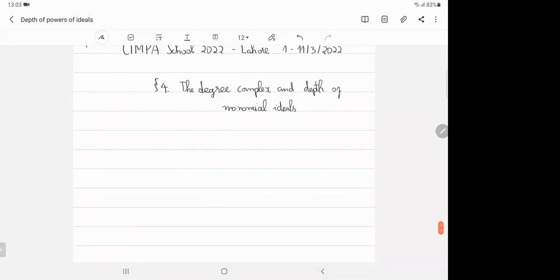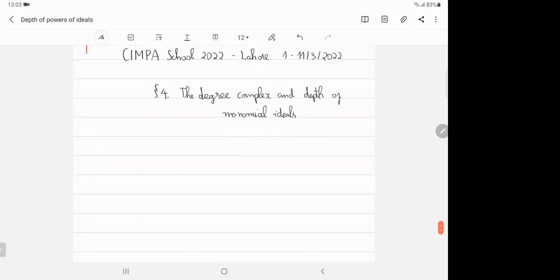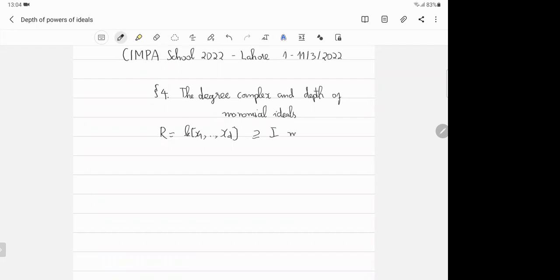So we have a polynomial ring R, and we focus on a monomial ideal I. Usually I will just take I to be unmixed.